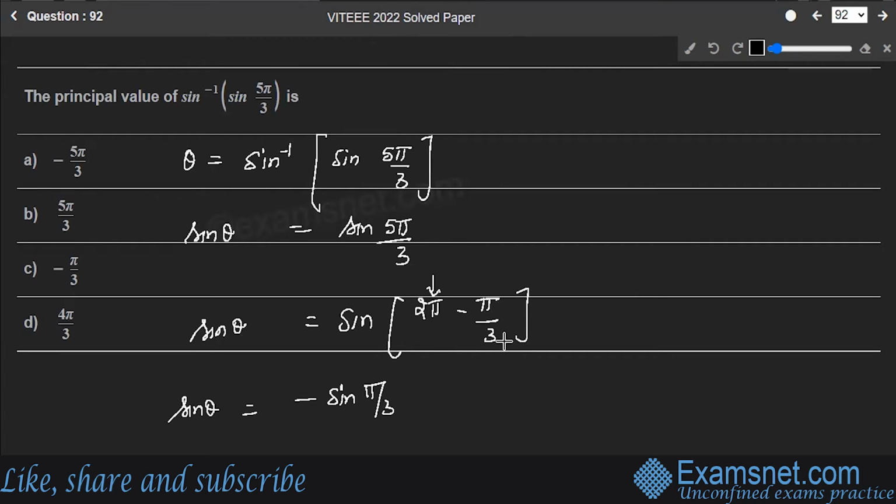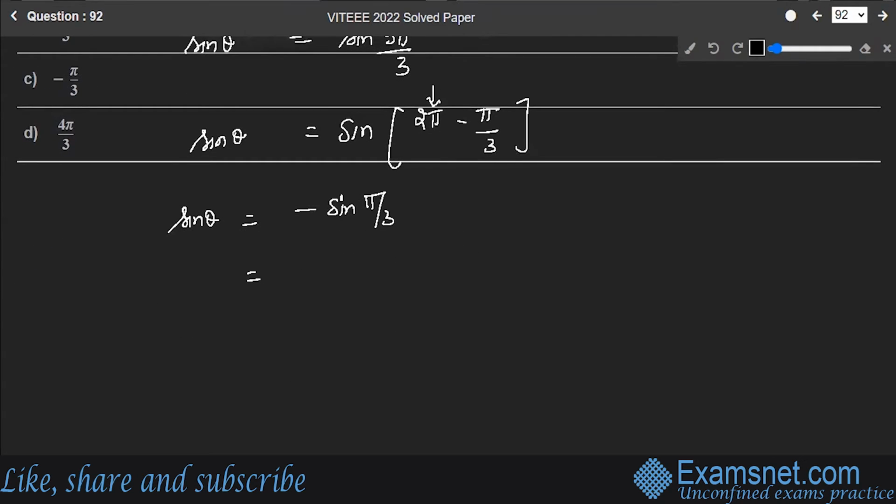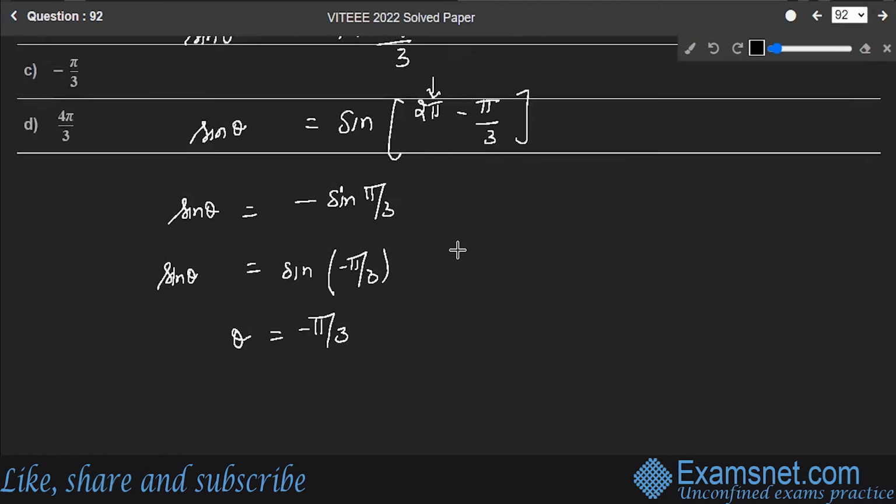Okay. This can be written as sine theta is equal to minus sine pi by 3, or sine of minus pi by 3. So that means theta is nothing but minus pi by 3, right? But we have to find the principal value.